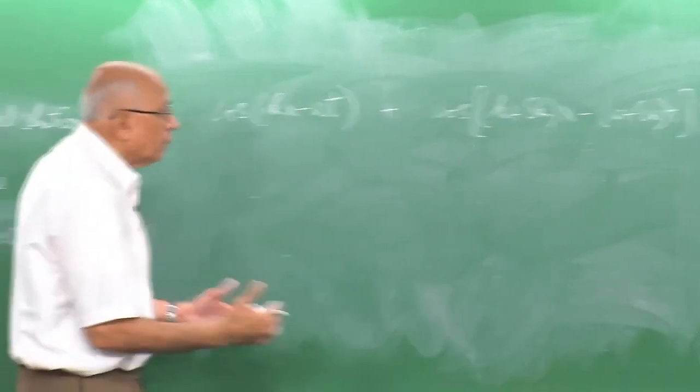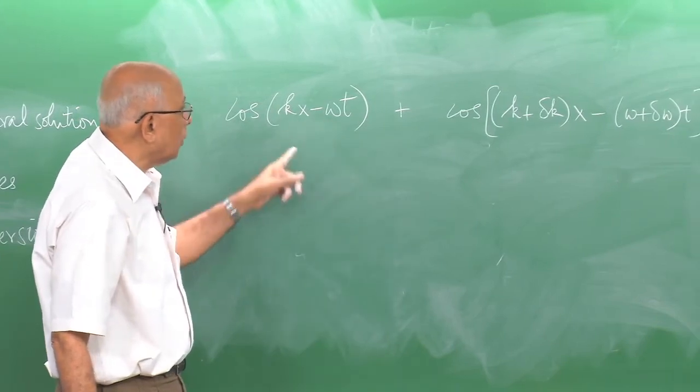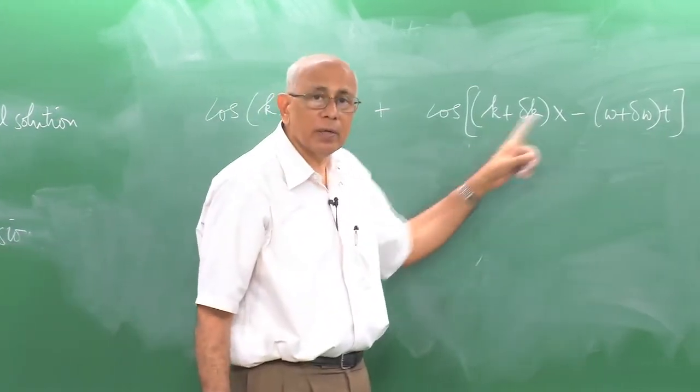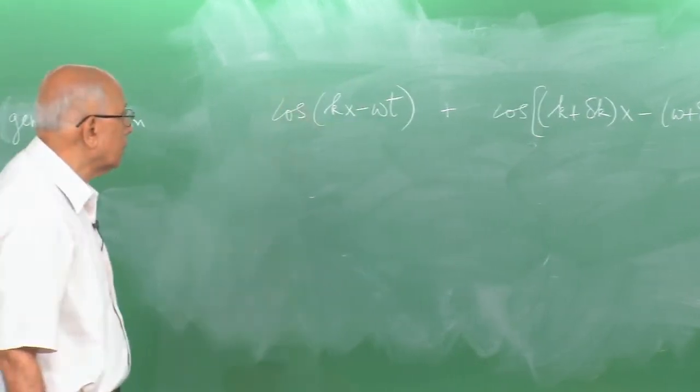So, we have 2 waves, one of which travels in the x direction with a speed omega over k, and the other has a slightly different frequency and a different wavelength or wave number.